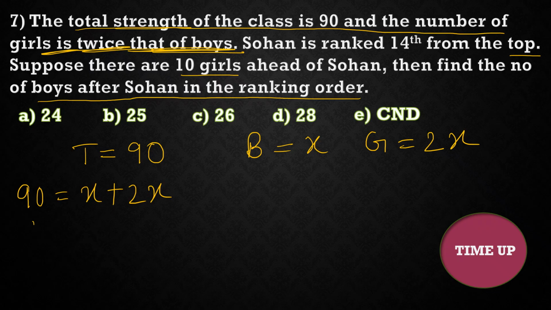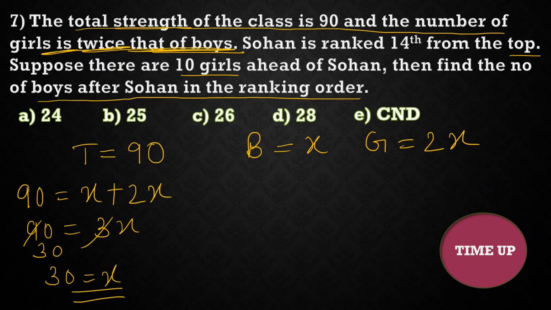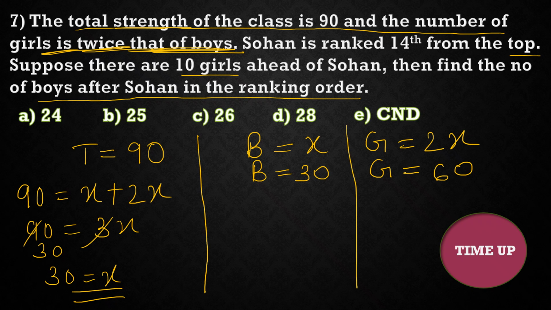So 90 will be 3X. So X will be how much? 30. So you got the X value as 30. So boys will be 30 and girls will be double of that, 2 into 30. That will give you 60. Understanding, students?